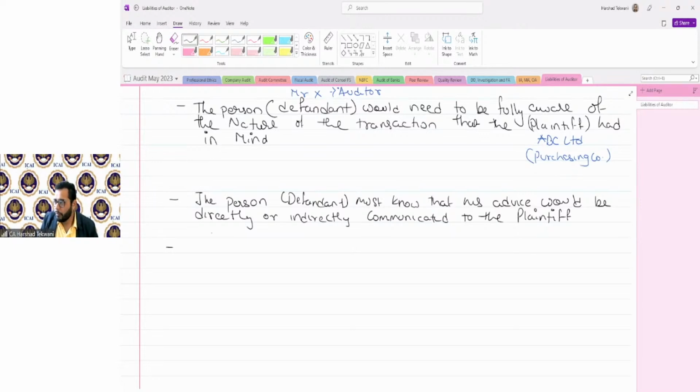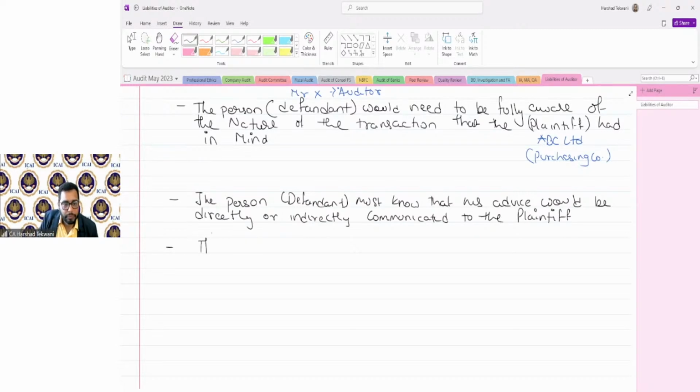Third, Mr. X must know, or the defendant must know, that the ABC Limited or the plaintiff will rely or was likely to rely on the advice or information in deciding the transaction.